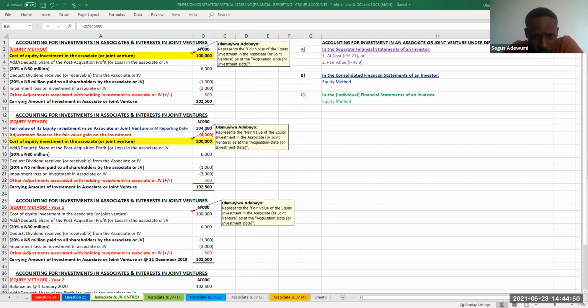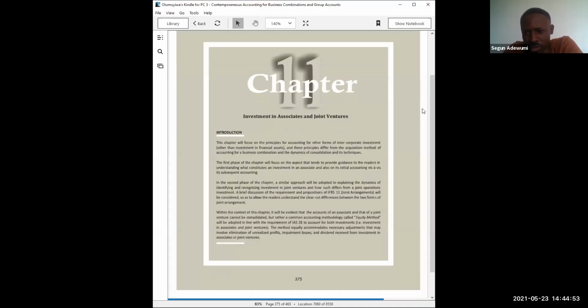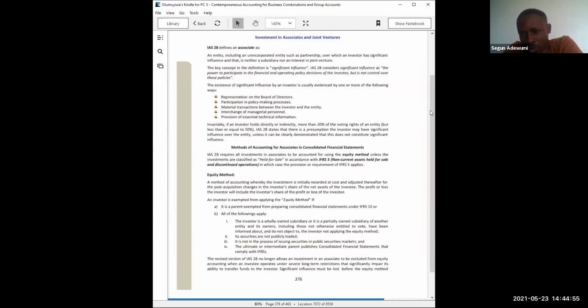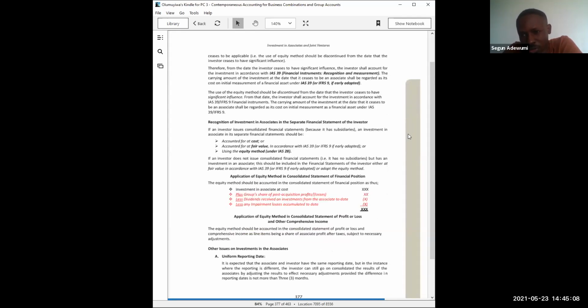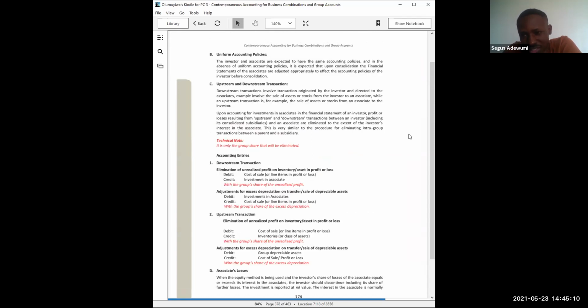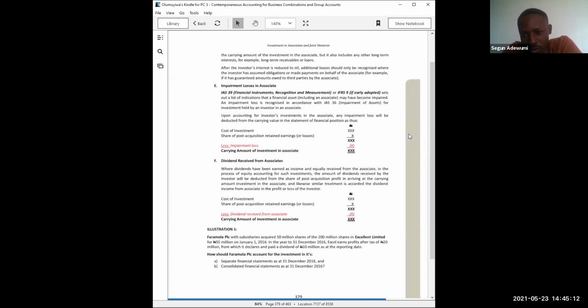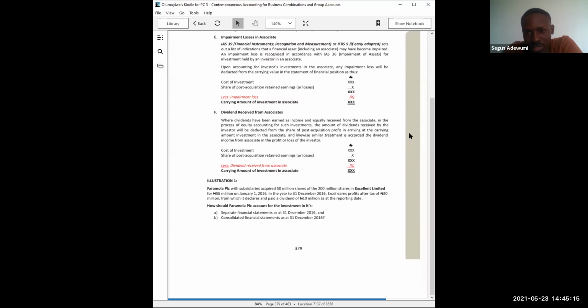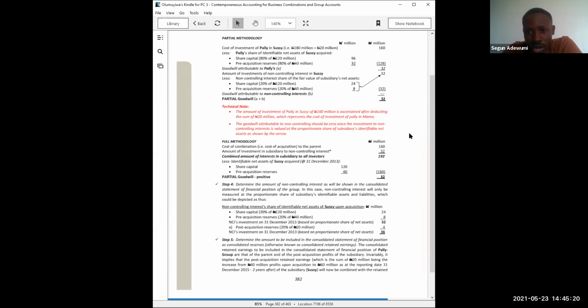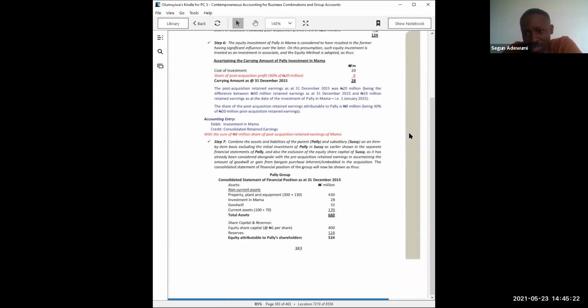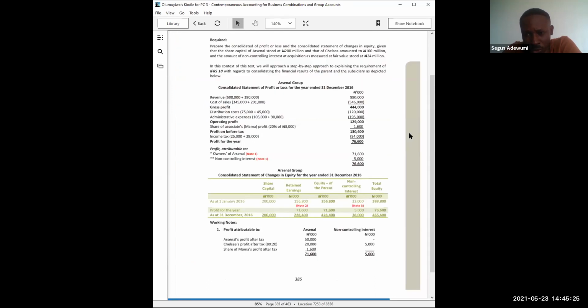For the other aspect of the joint arrangement, it can be recognized at either cost or fair value. But when it is a joint venture or associate, it must be recognized using the equity method.